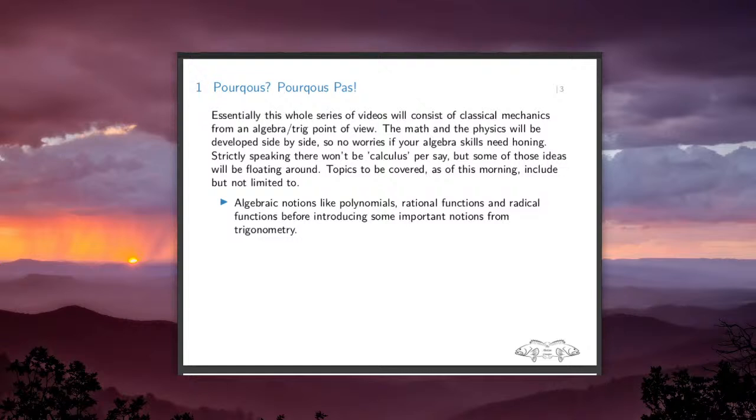We'll be talking about algebraic stuff like polynomials and rational functions and radical functions, and so on and so forth, as well as some trigonometry, which is necessary if you want to start doing more interesting stuff. We'll also use analytic geometry, which is just a big word for graphs, really.